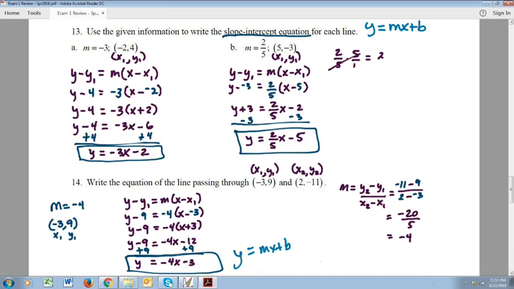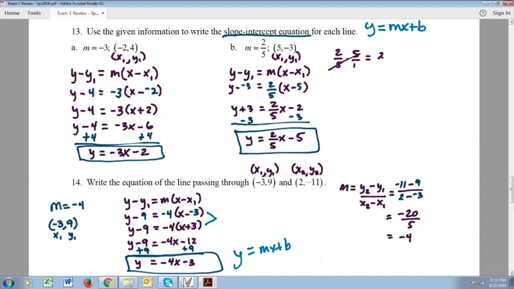Actually, because I said write the equation of the line, I didn't really tell you which form. You really could have stopped way back here somewhere, because we did write an equation. But again, that's not really a nice form of an equation. We usually like the slope-intercept form as a final answer. So I didn't ask for it here, but that would be the preferred form.